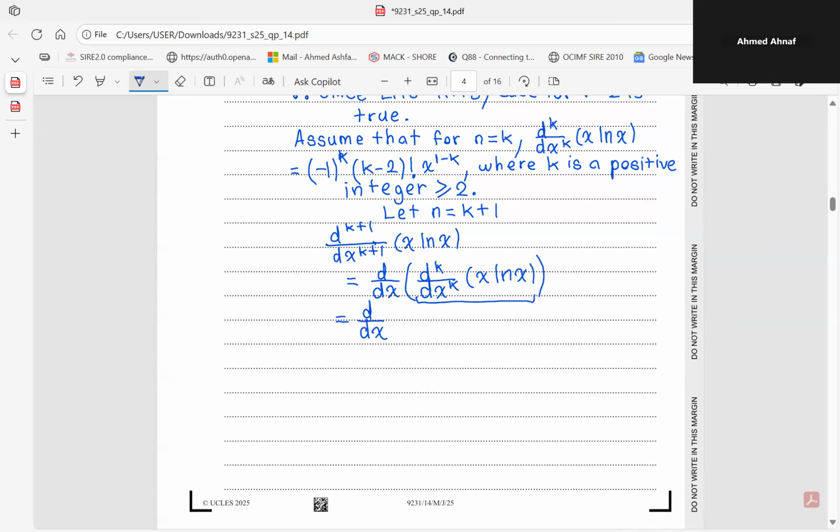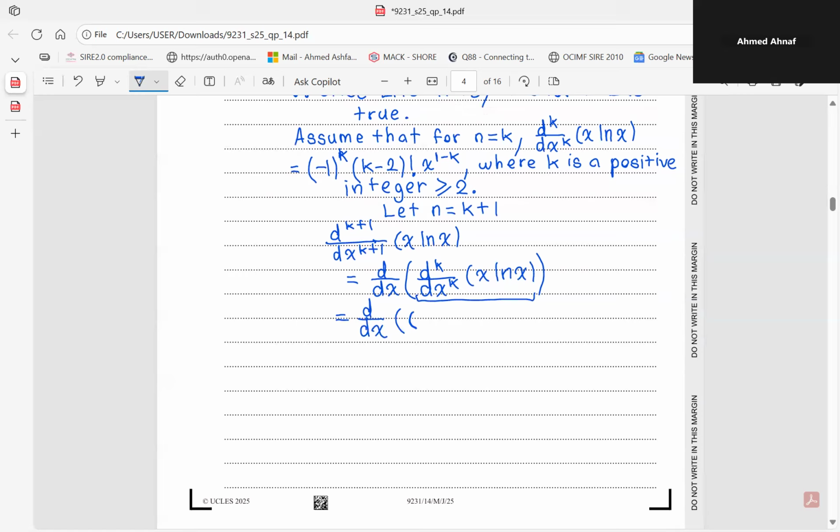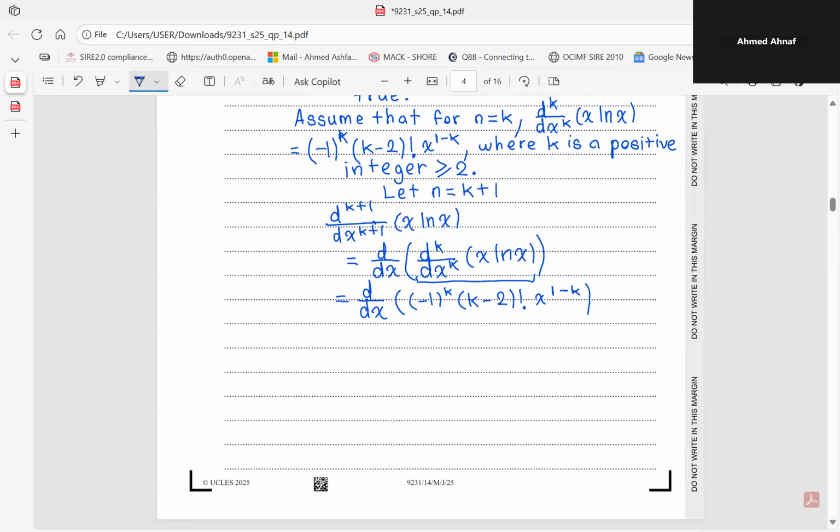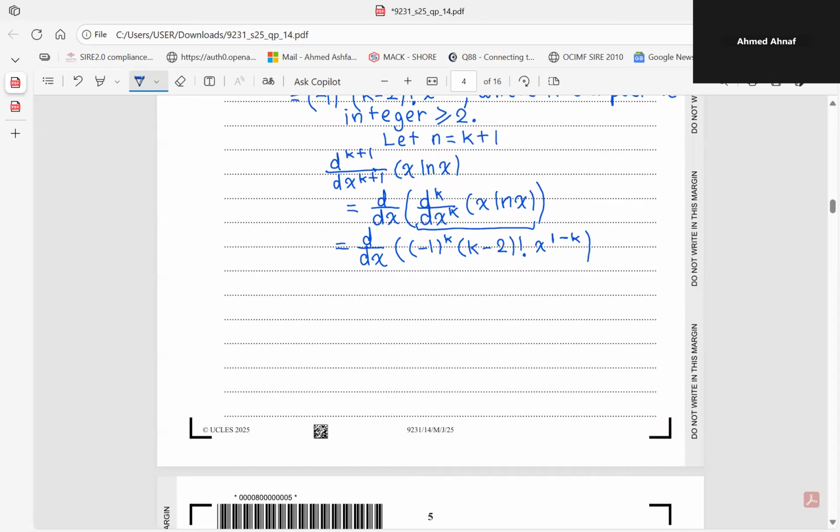We already did it, so that's just (-1)^k times (k-2)! times (x^(1-k)). Okay, so to differentiate this, we're going to take out this whole term because this is a constant, it's not in terms of x.